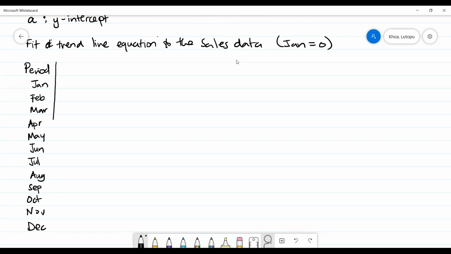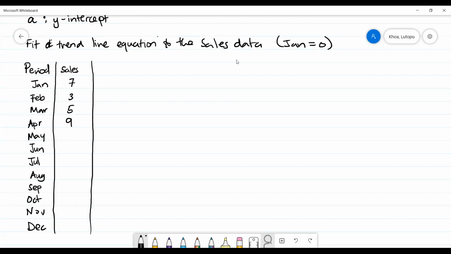Then our sales value, this is what we were given: 7, 3, 5, 9, 7, 3, 5, 9, 7, 9, 12, 4, 10, 13, and then 9 and 10.